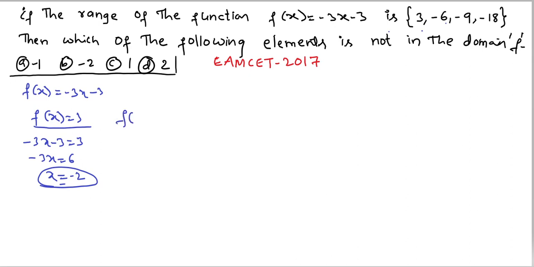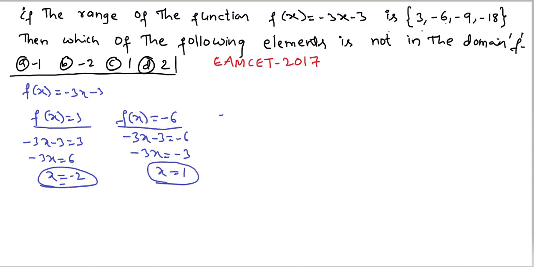Let us take f(x) = −6. f(x) is −3x − 3 = −6, so −3x = −3, and x = 1 is one element of the domain.